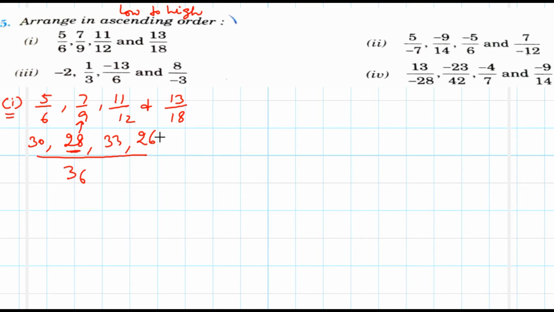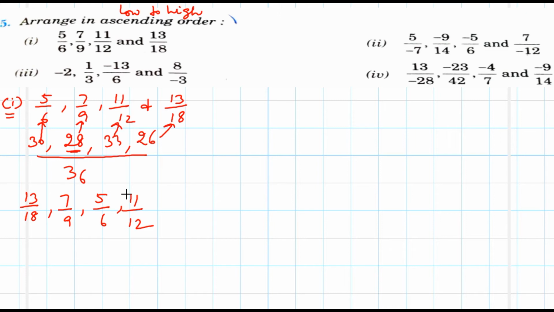So we will write 13 upon 18. Second one is this, its fraction is this. So the order would be like this, right? So the next one is 30, its fraction is this, and this is the highest, so its fraction is here. We will take the fraction from here. So this is the ascending order from lowest to the highest, right?